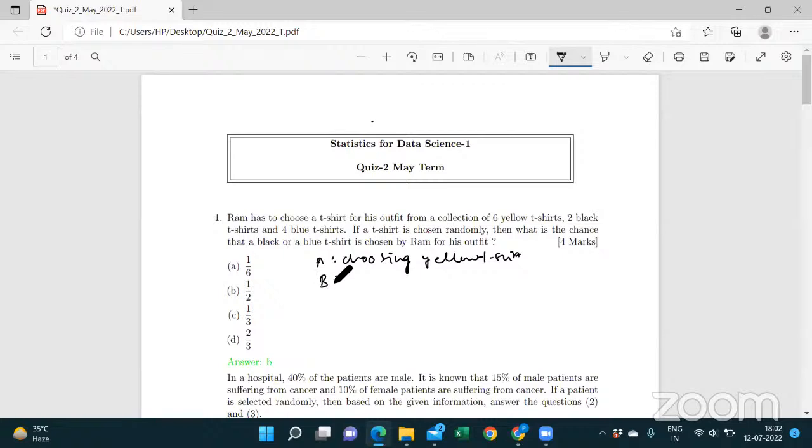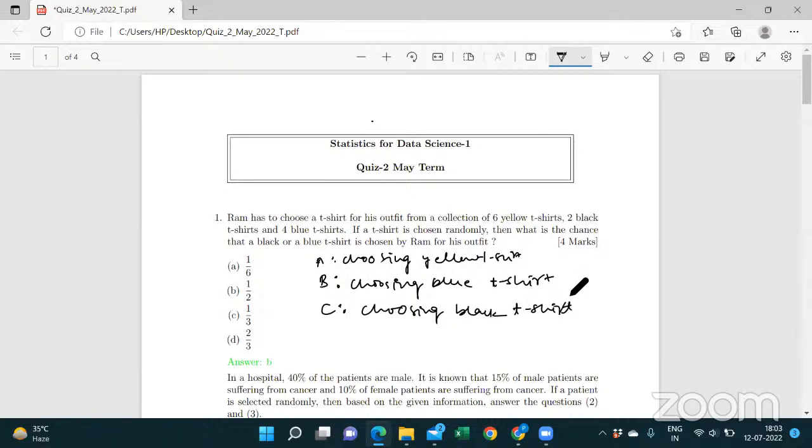I can make event B as choosing a blue t-shirt, and event C as choosing or selecting a black t-shirt, right?